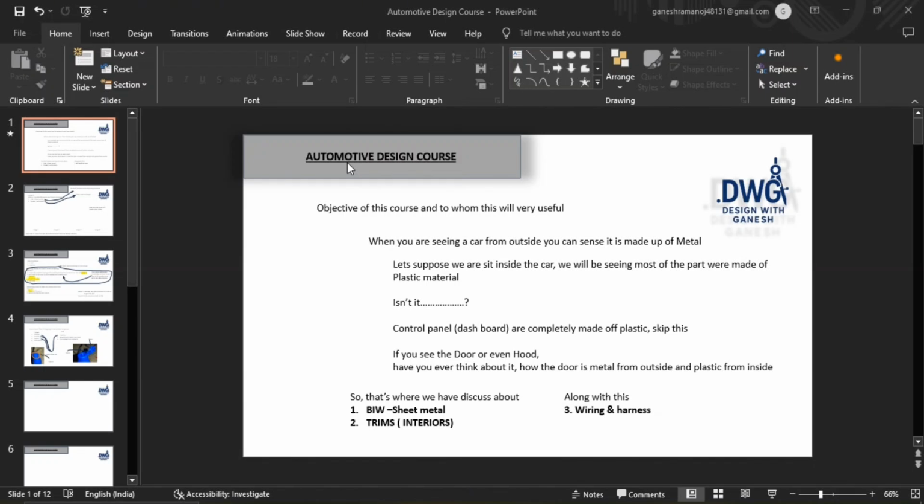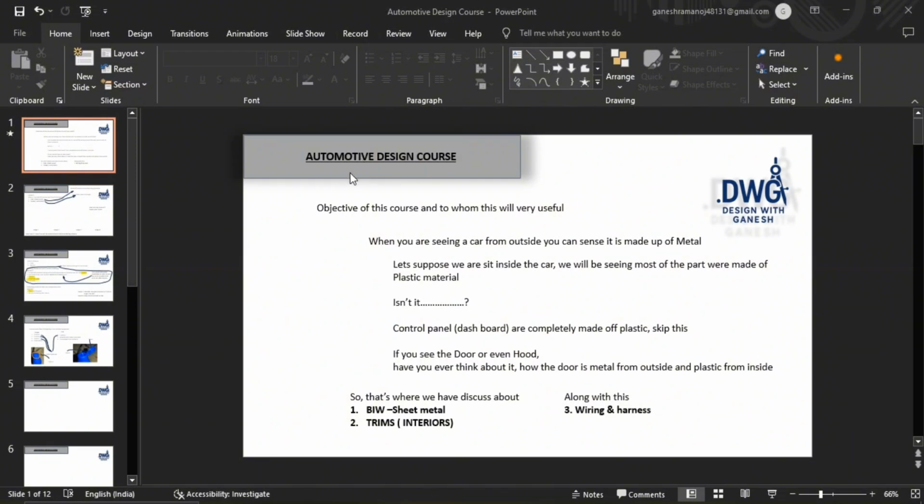Automotive design relates to designing that complete vehicle. When I say automotive, the most usual thing that strikes our mind is a car, so we will talk more particularly about cars.